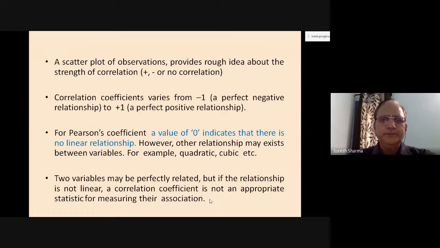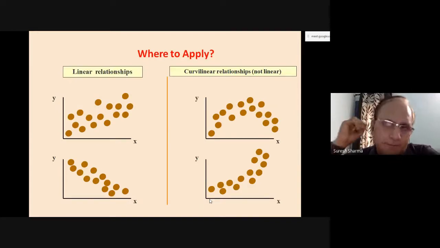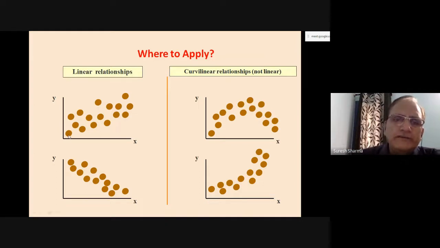All right. Now, where to apply, or where to compute, Karl Pearson's correlation coefficient? Now, if you see the points here, points are along a straight line. Here also, but it is increasing. You will expect positive here, and negative here, as points are decreasing.